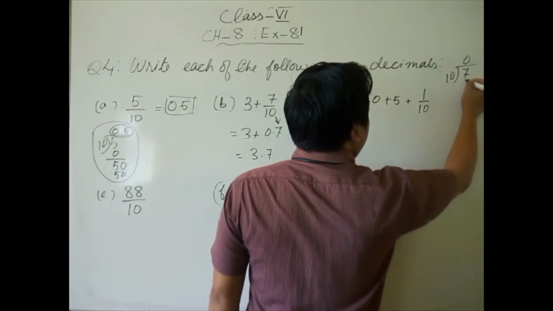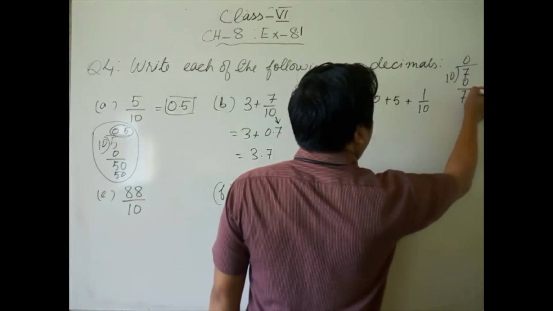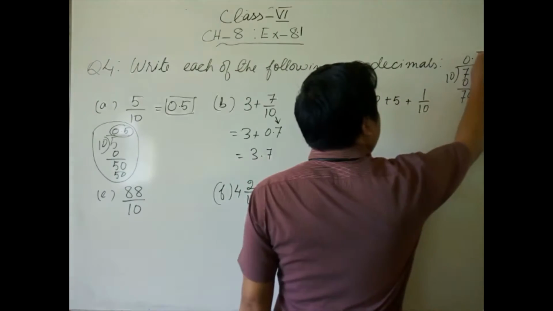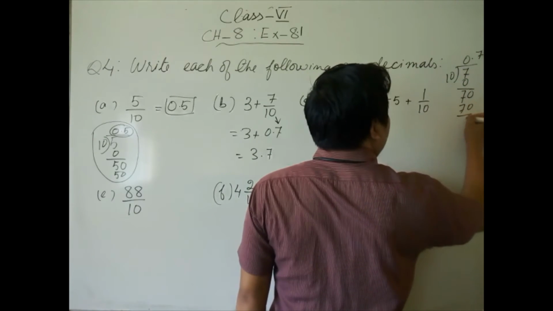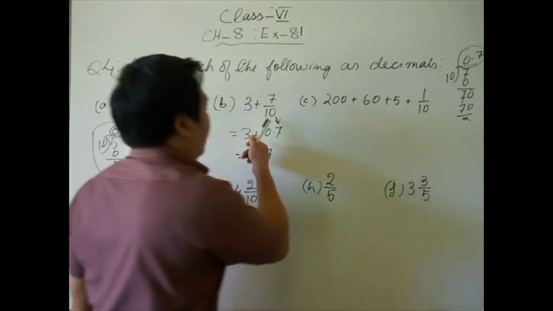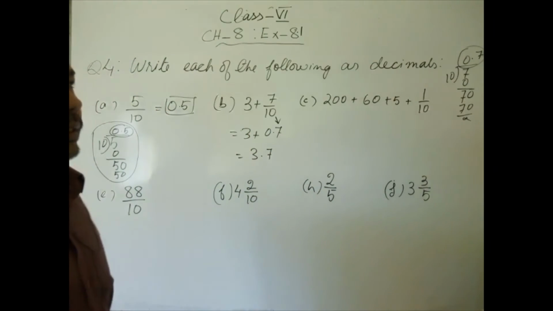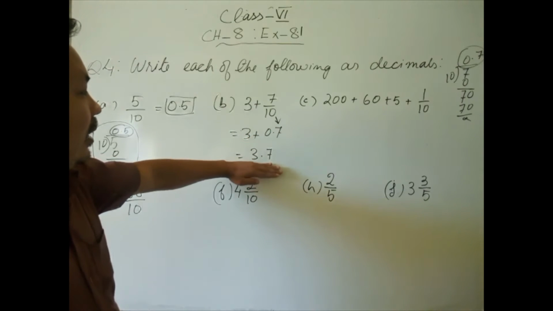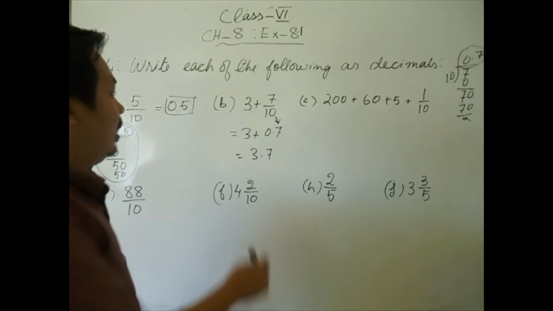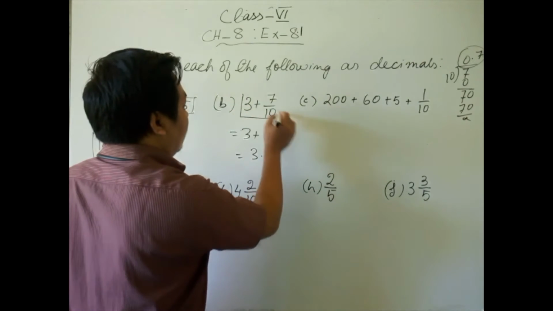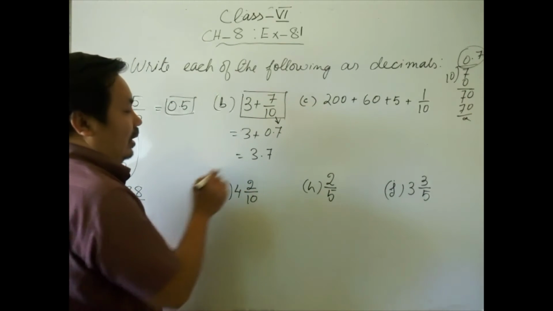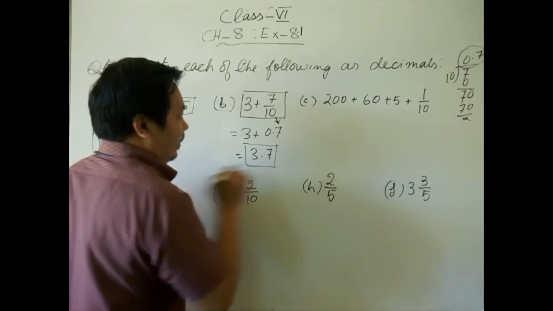So 10 into 0 is 0 here, then 7 here, then after that you can put 1 here, then 70. So 10 sevens are 70. So this 0.7 is here. So 3 and 0.7 we will add and get 3.7. So the decimal number of the given number in B is 3.7.